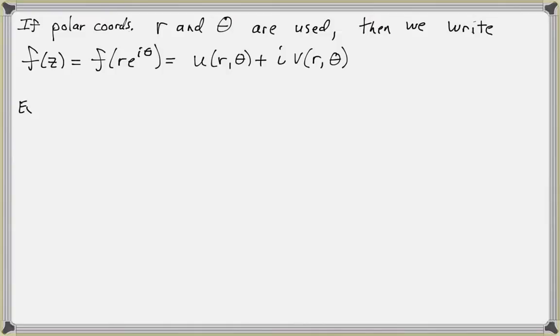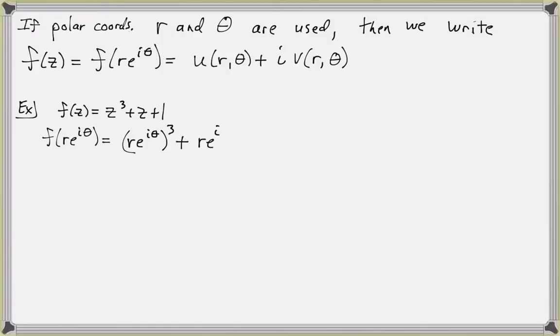So for example, we had f of z equal to z cubed plus z plus 1 in the previous example. We can write this in polar coordinates as f of r e to the i theta, so r e to the i theta cubed plus r e to the i theta plus 1, and I can distribute the power of 3 into this product in the first term.